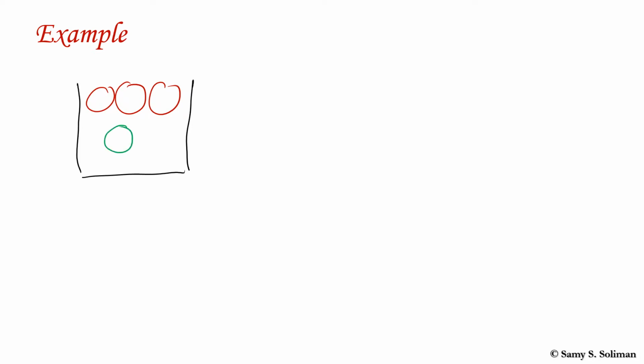Let's take a quick example to understand what might be meant by the joint PMF or the joint distribution. Let's assume that we have a box of 3 red balls and 2 green balls. And let's assume that we draw or select 2 balls at random from this box.